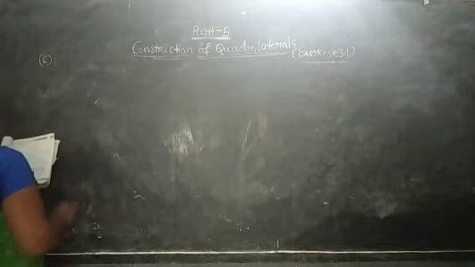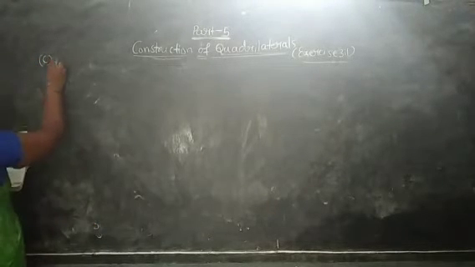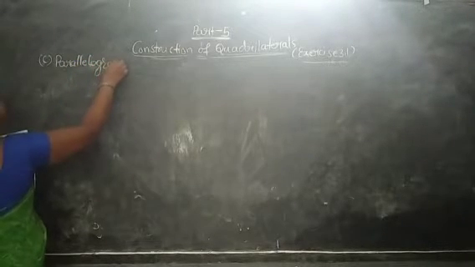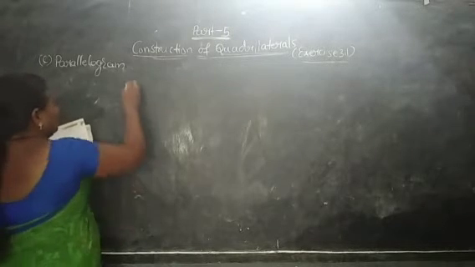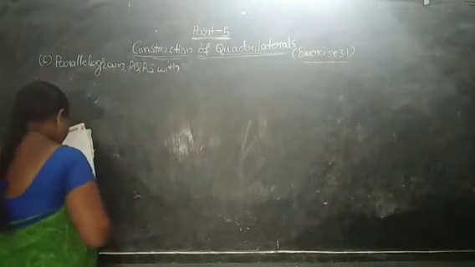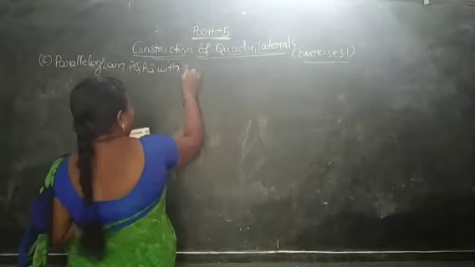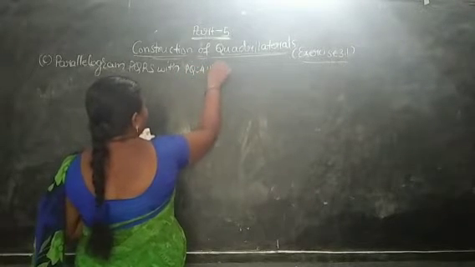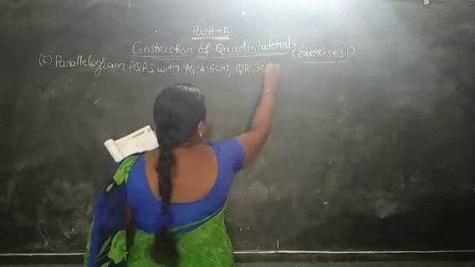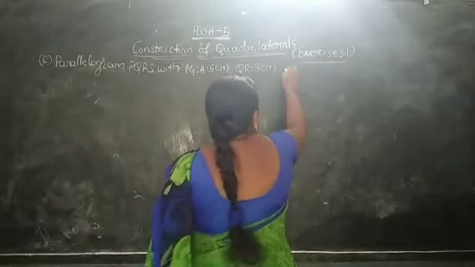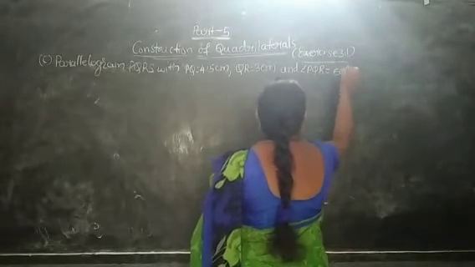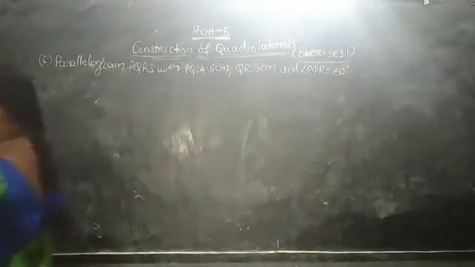Question number C, that is parallelogram PQRS with PQ is 4.5 centimeters, QR is 3 centimeters, and angle PQR is 60 degrees.